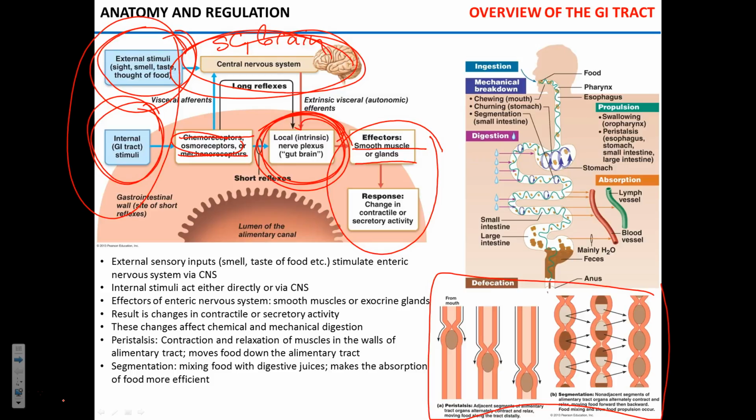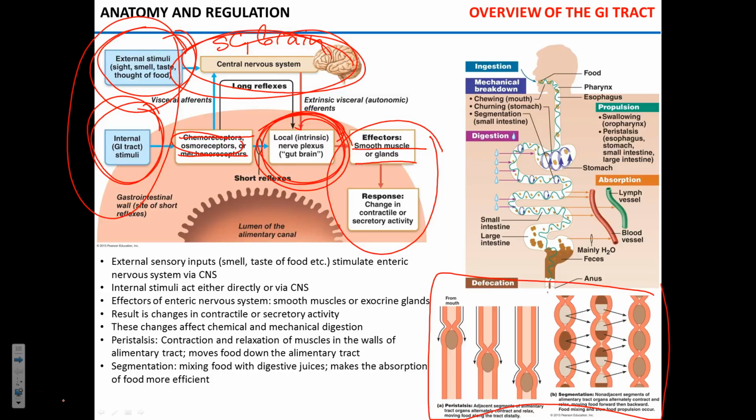Squeezing at one side, widening at another, squishing it through in one direction. From mouth to anus. What happens if peristalsis goes in the wrong direction? Yeah, you throw up. That's a reverse peristalsis. Vomiting is the reverse peristalsis.